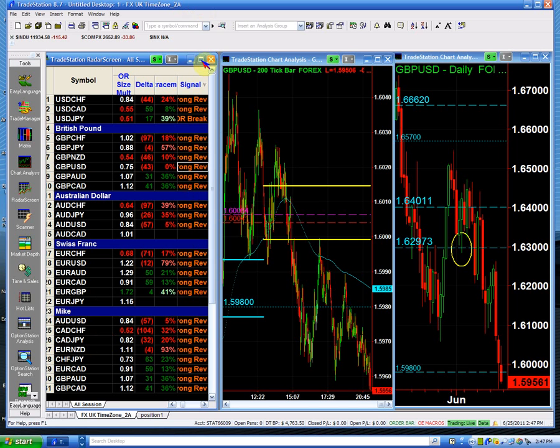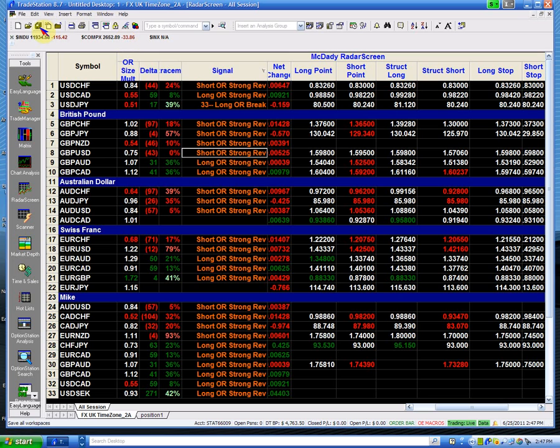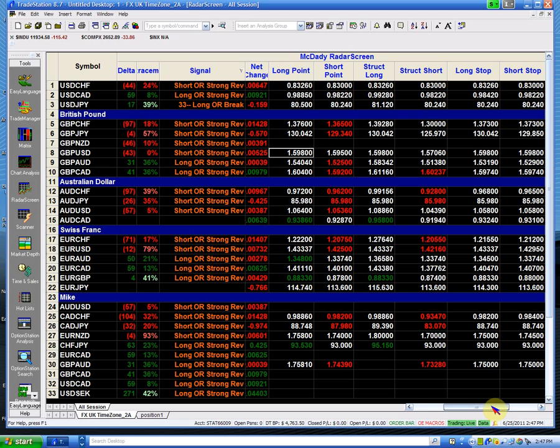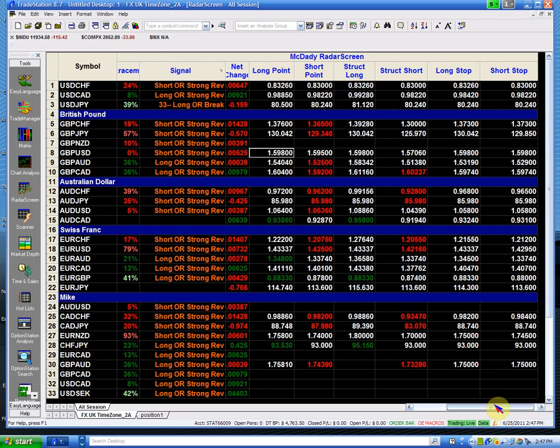Okay? So that is the pound dollar. We're going to buy the pound above 159.80, which is also my structure point, and it is also going to be my long stop. We're going to go short below 159.50.